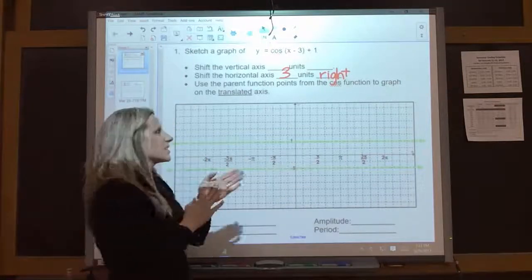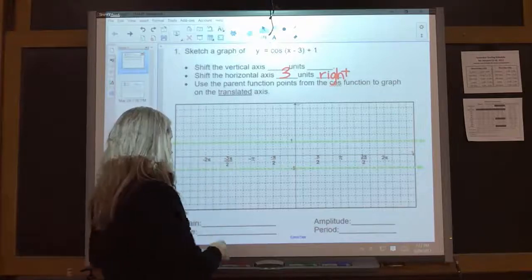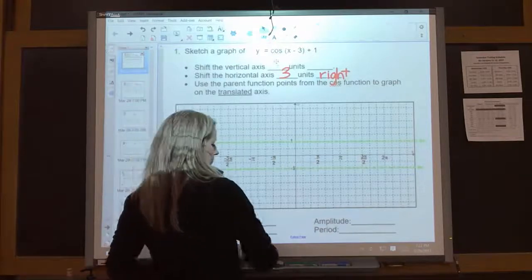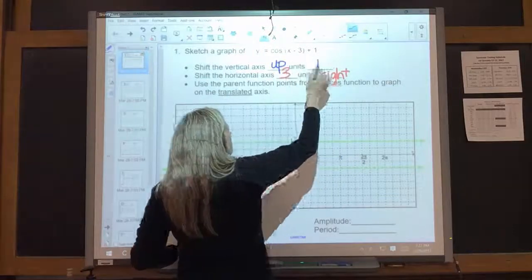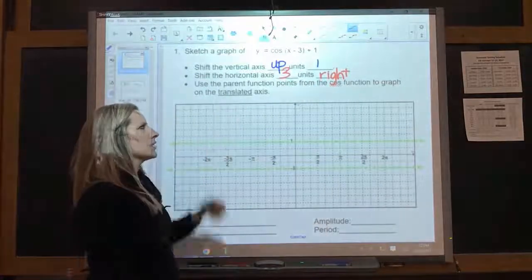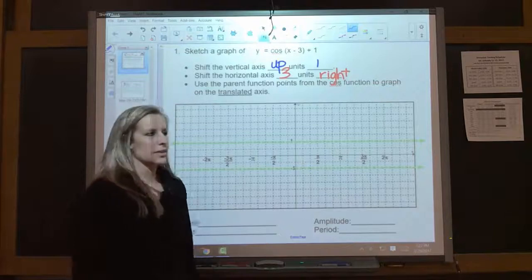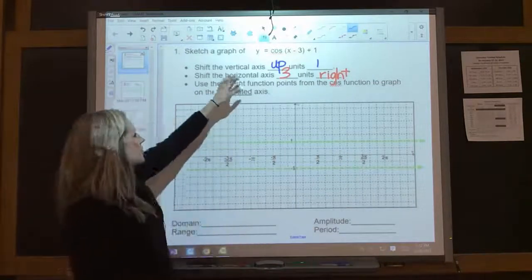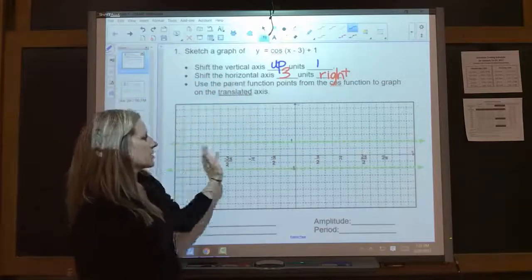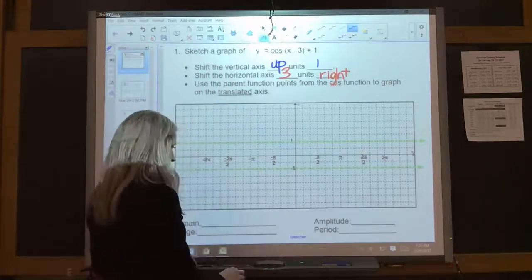Vertical is up and down, so my vertical shift would be up 1. And if you wrote it on the line that I did, it's not a big deal as long as you know how it's moving. We're good. But I'm sorry about that. So vertical shift is up or down, horizontal is left to right.